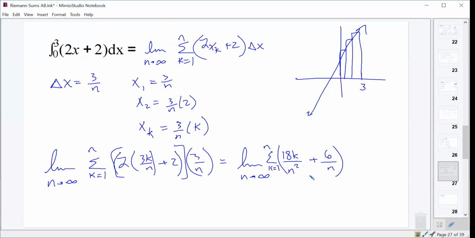Good. Okay. And so now the k becomes what? n times n plus 1 over 2. And then what about the 6 over n? I'm summing together n of those. 6 over n plus 6 over n plus 6 over n, n times, just means I have n 6 over n's.